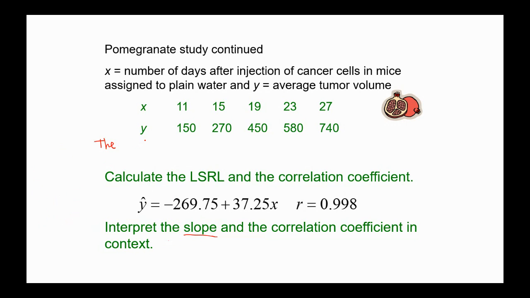And then we said that the y variable. What's our y variable? Average tumor volume. So the average tumor volume, again, this is for our slope.